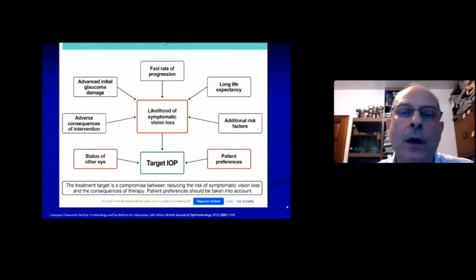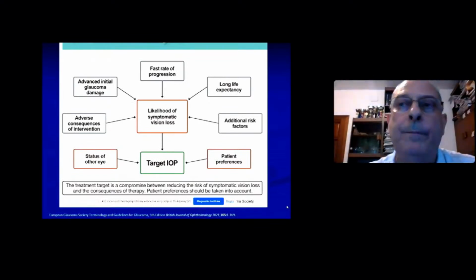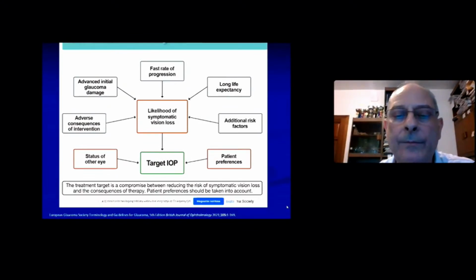So once again, our goal with glaucoma treatment and long-term management is to reduce the probability of developing and worsening of visual disability during the lifespan of the patient. And to that, we use as primary treatment goal low IOP, which is not just lower than the untreated, but targeted, that is target IOP.